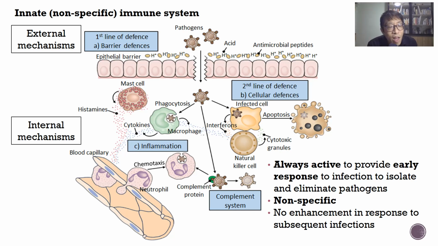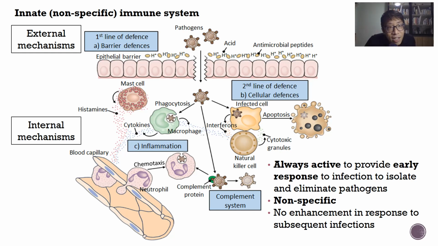There are different mechanisms to the innate immune system. We have the external mechanisms, which involve the external barrier, as well as the internal mechanisms once the pathogens have breached this external barrier.